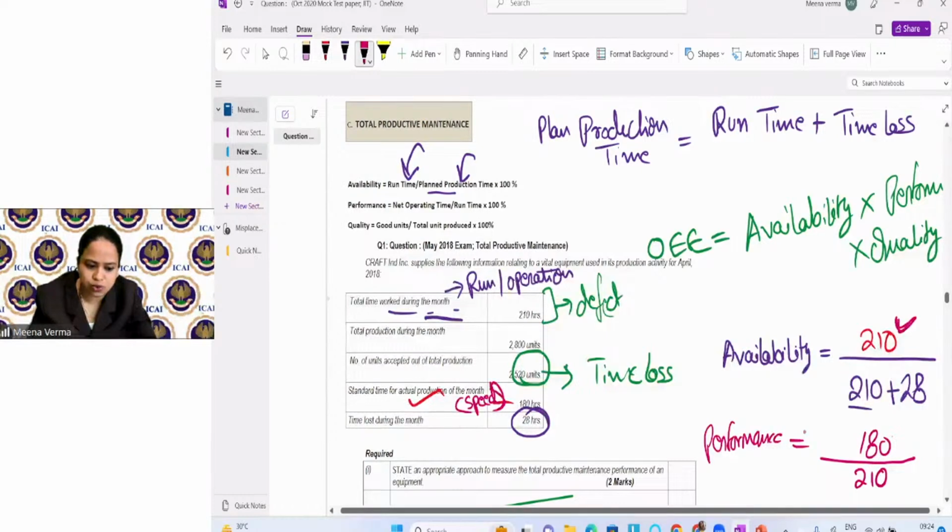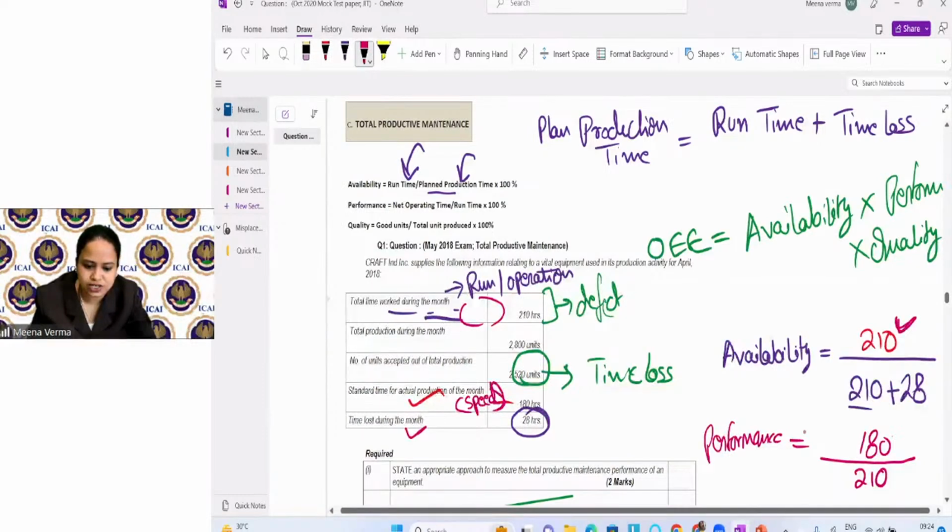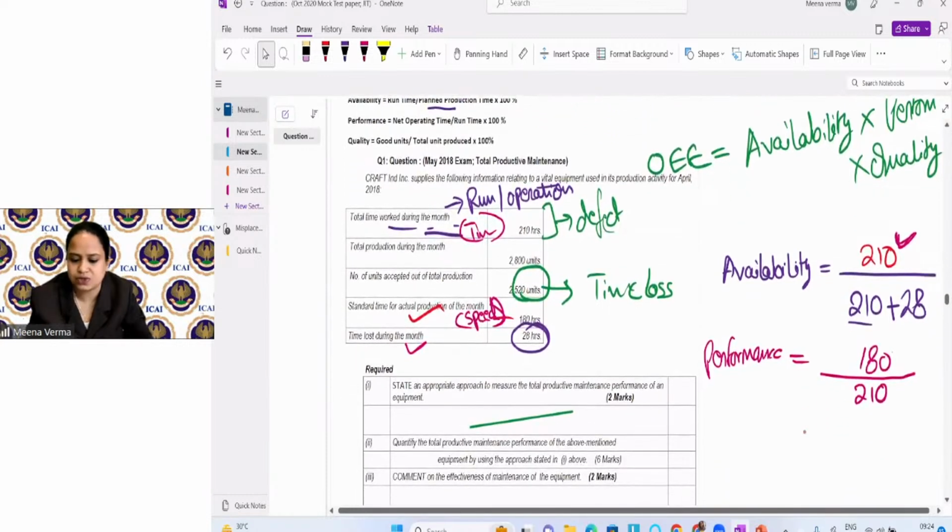You were expecting it to take 210, but there is some loss due to downtime and time loss. So you will calculate the performance here. And the last one is quality.